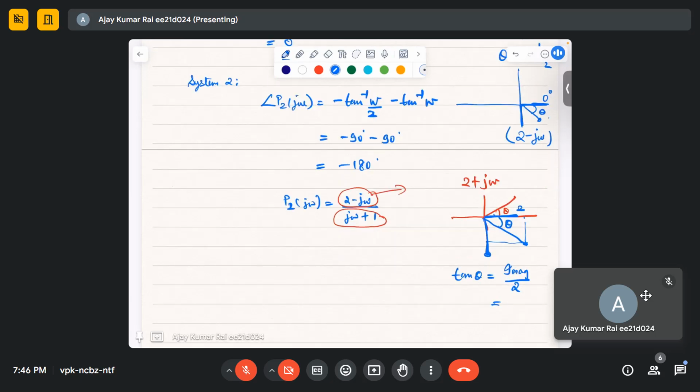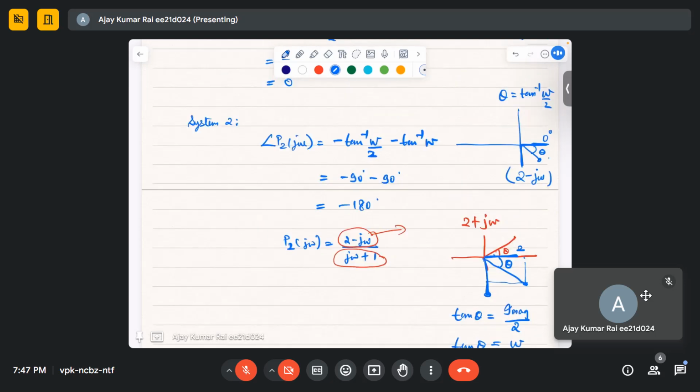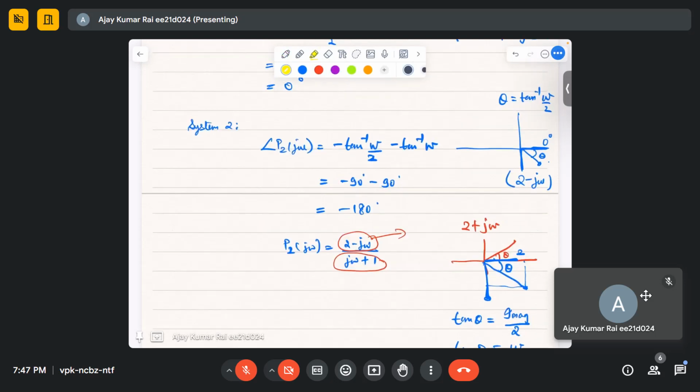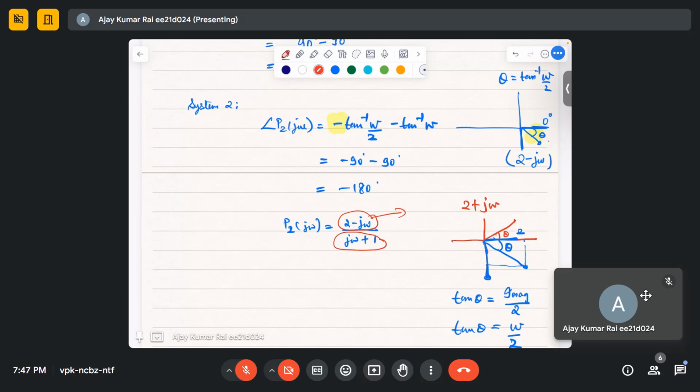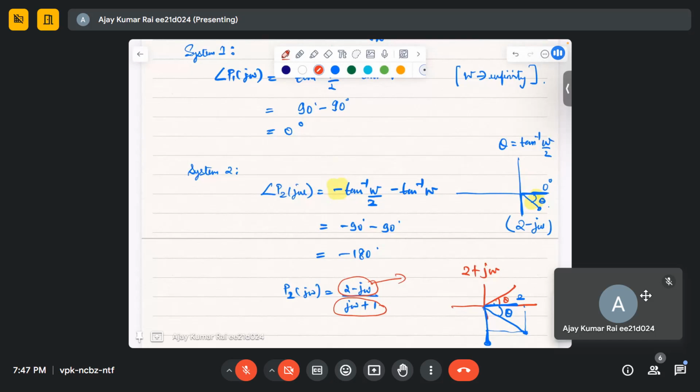Here the imaginary part is omega and the real part is 2. This is tan theta, right? Theta is tan inverse omega by 2. Since it's lying in the fourth quadrant, that's why I'm putting this negative sign. Because this is minus theta with respect to 0. So it's minus tan inverse of omega by 2.